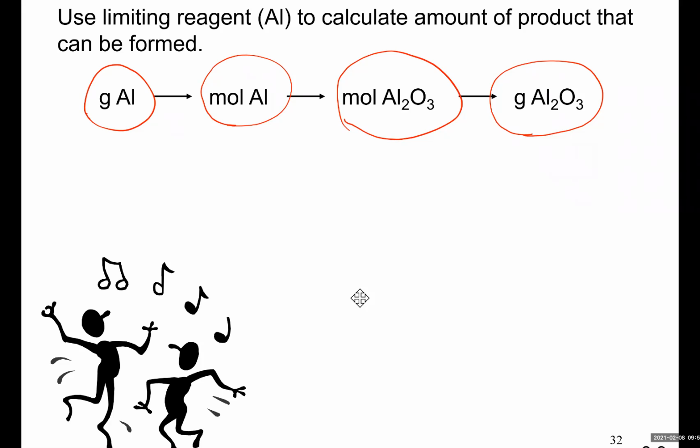The weight doesn't matter. Some of them could weigh 250 pounds and some could weigh 120 pounds. It doesn't matter. It's the number of boys and girls which decides the number of dancing couples. So mass must always be converted to number of moles because equations show the ratio between the number of moles of reacting substances and the number of moles of product, not the number of grams.